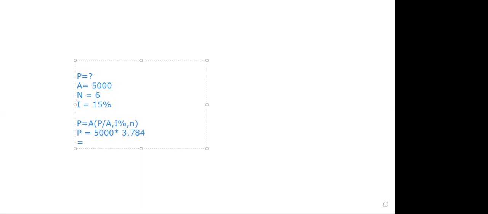How much is that? $18,920. So it means that any price that is above 18,900, I should not buy it. That's what it means. So can you take time and digest this? And what is the implication of this?